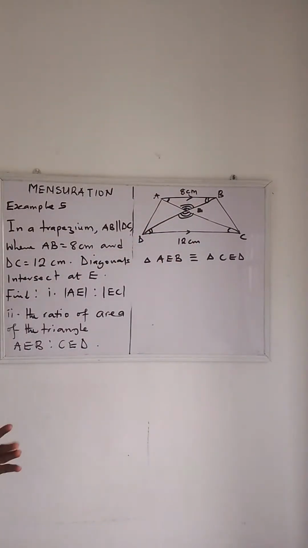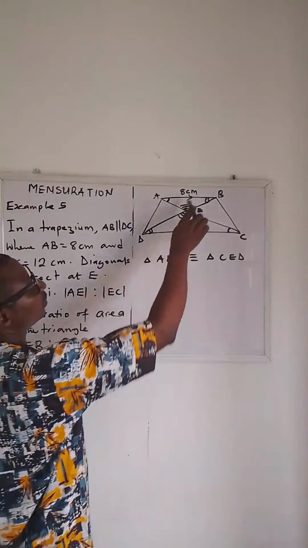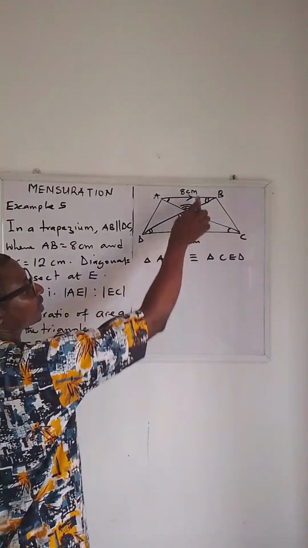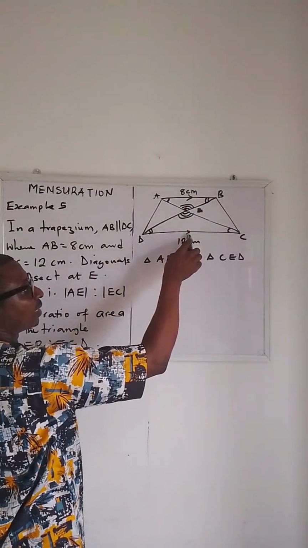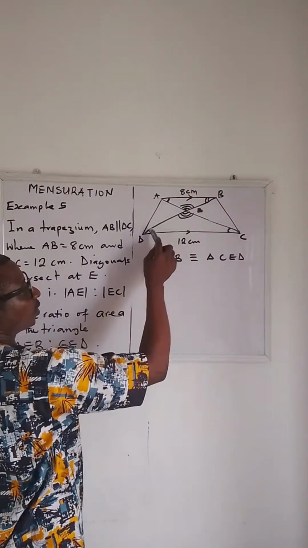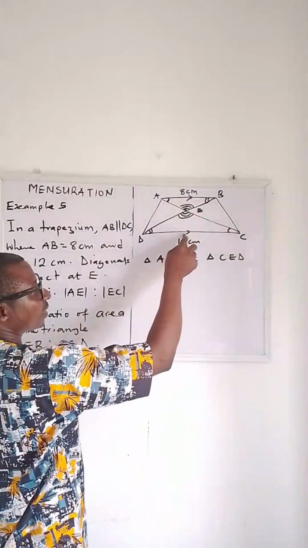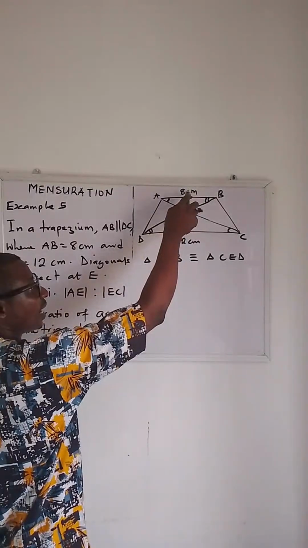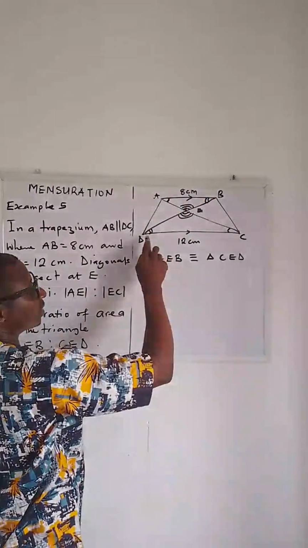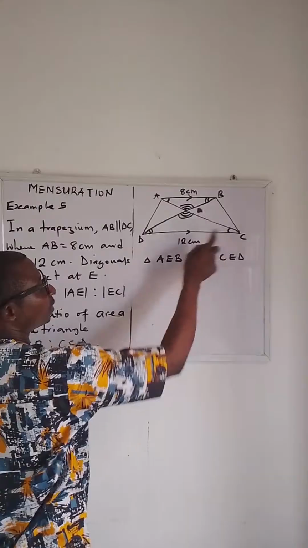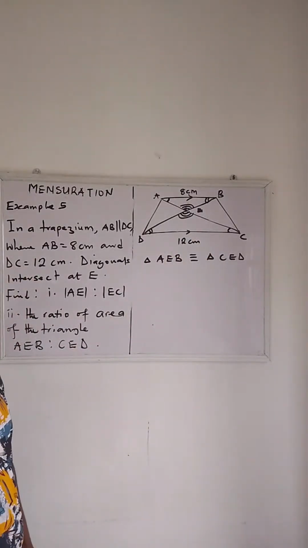All right, so now the implication of that is the ratio of these sides, because this side corresponds to this side. Since this angle corresponds to this angle, and this to this, the side AB and side DC correspond to each other.